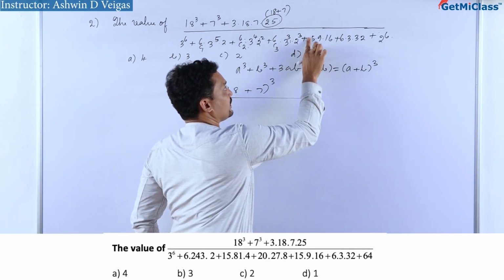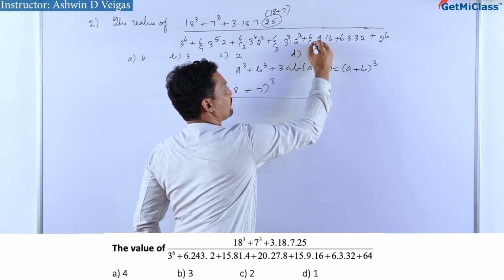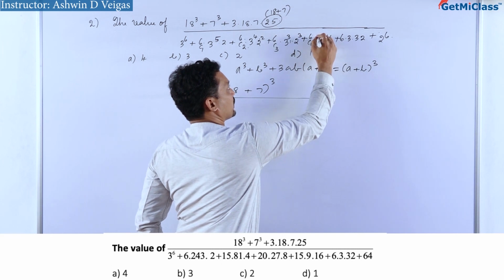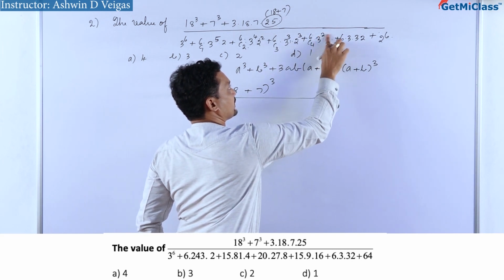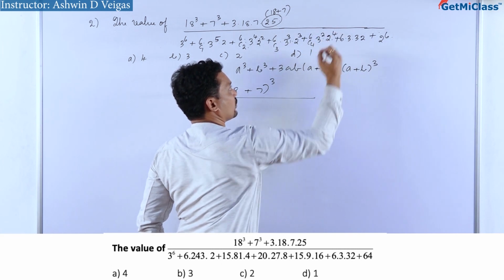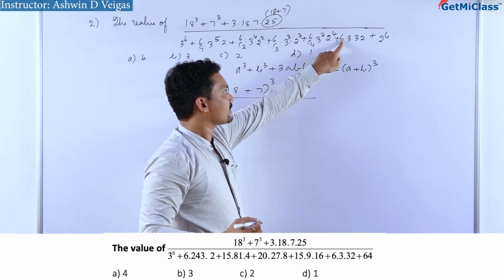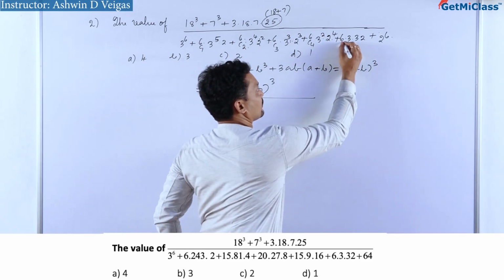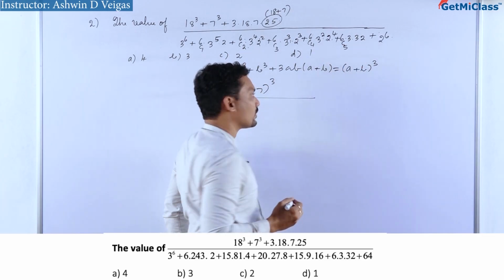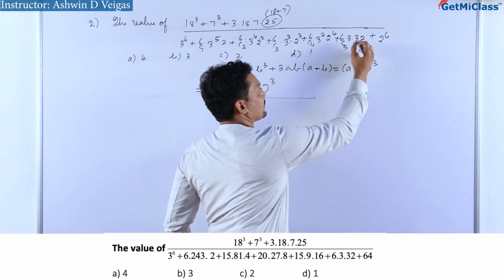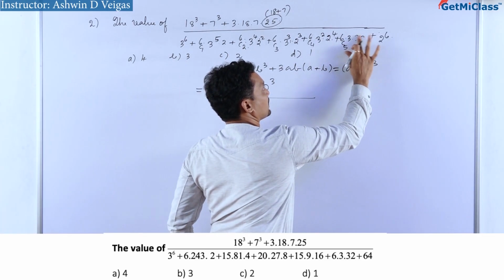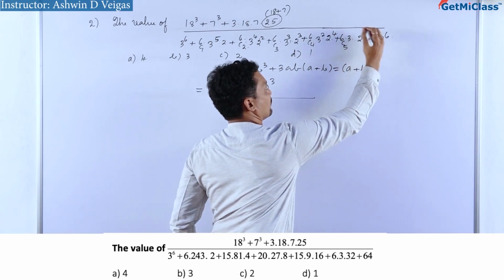Similarly, this 15 is nothing but 6c4, 9 can be written as 3 square, 16 can be written as 2 power 4. This 6 can be written as 6c5, because 6c5 is basically 6, and this 32 can be written as 2 to the power 5.